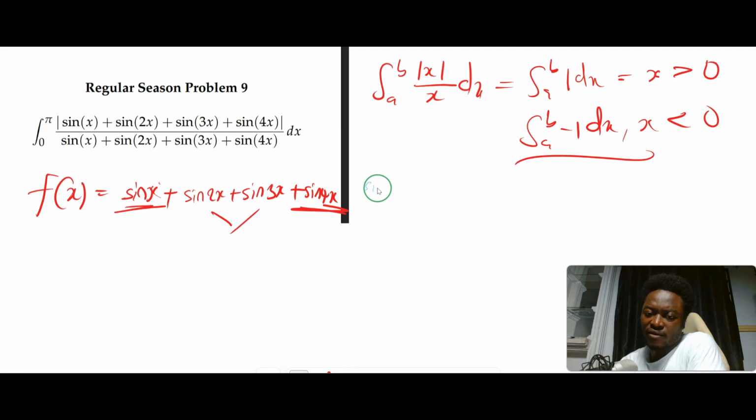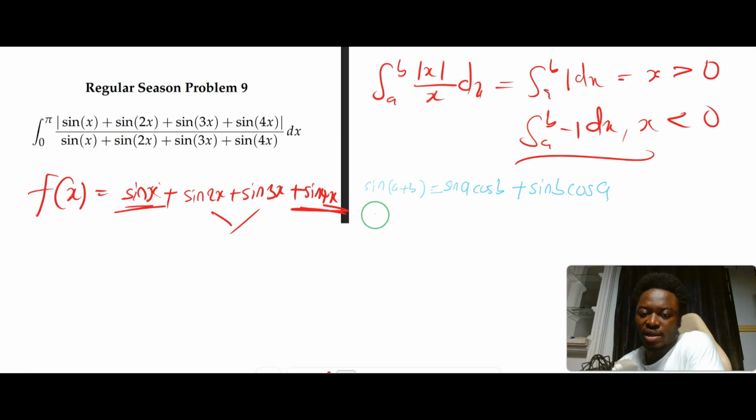Well, you know that sine of a plus b is equal to sine a cosine b plus sine b cosine a. Yeah, that one is known.